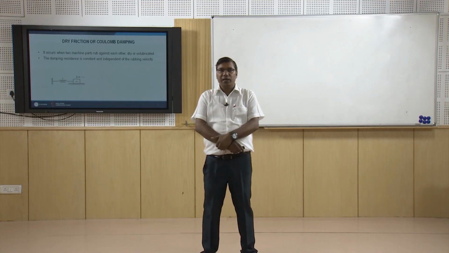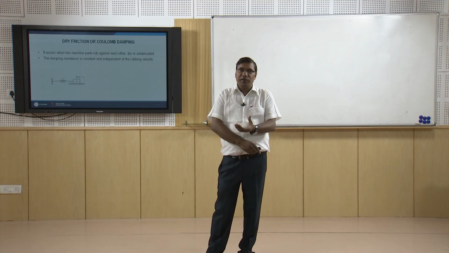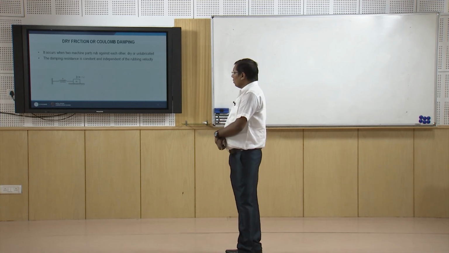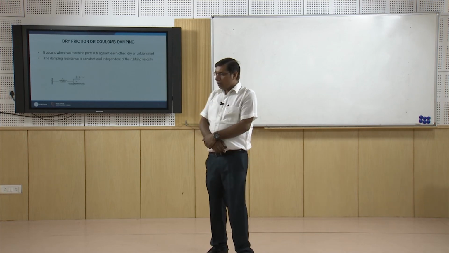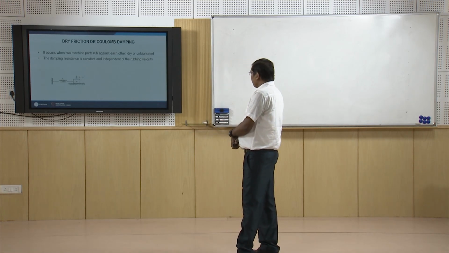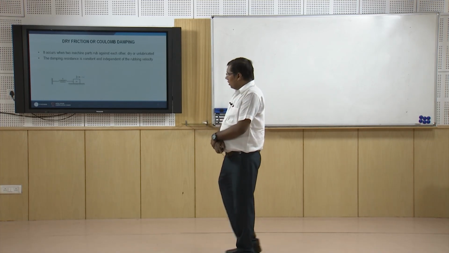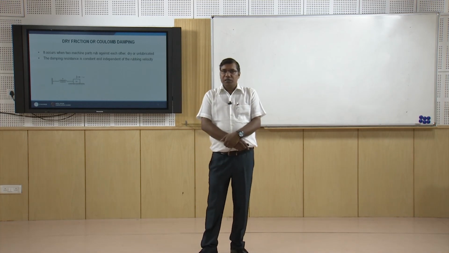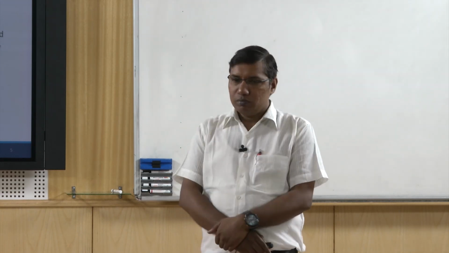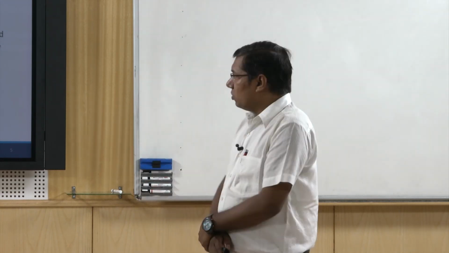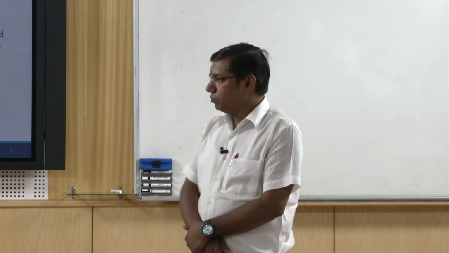Here, when a mass slides on a surface, the friction dissipates energy into heat. With dry friction, the damping resistance is constant because it depends on mu, and therefore it is independent of the rubbing velocity.